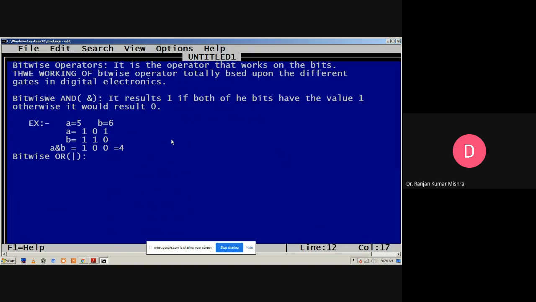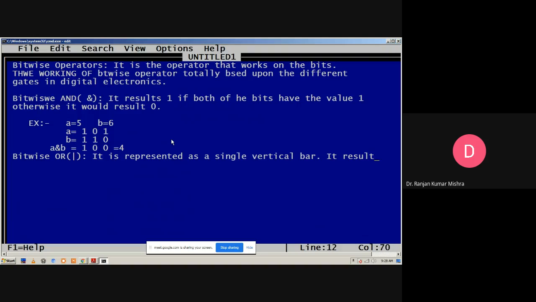Basically it is represented by a single vertical bar. What will be the functionality?